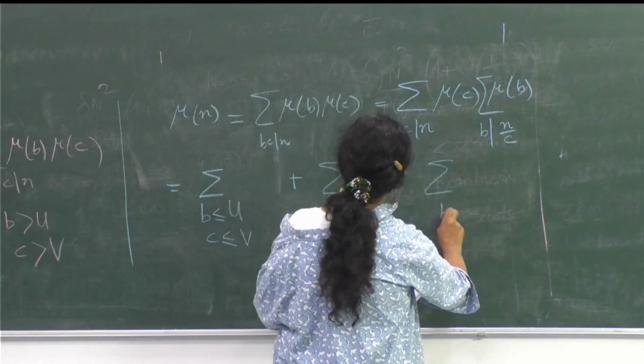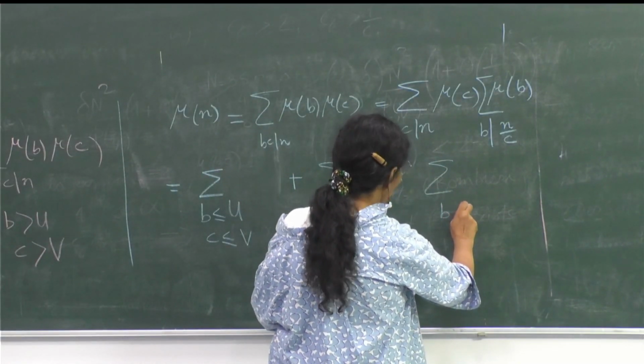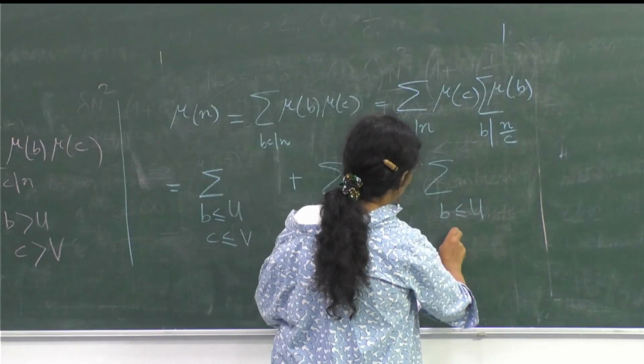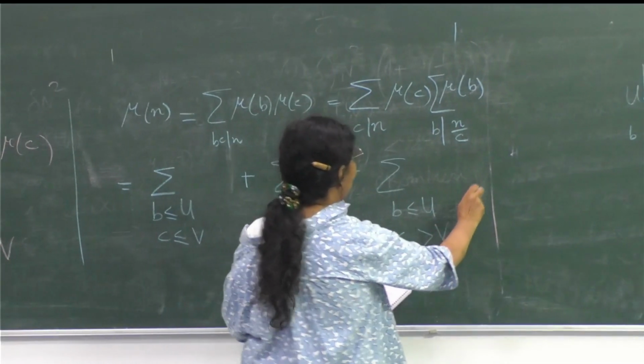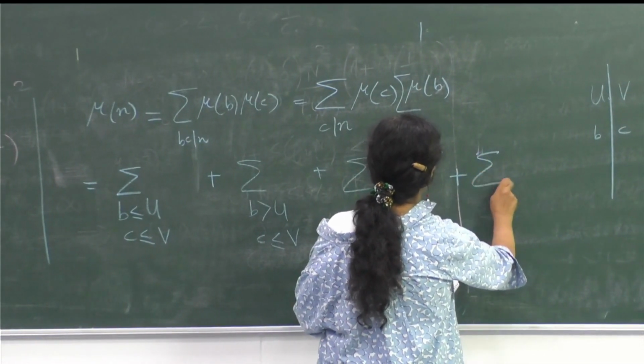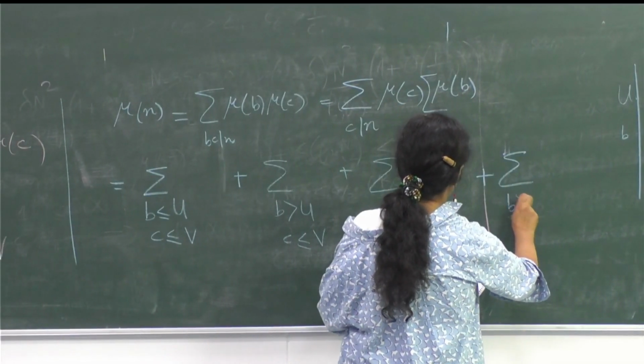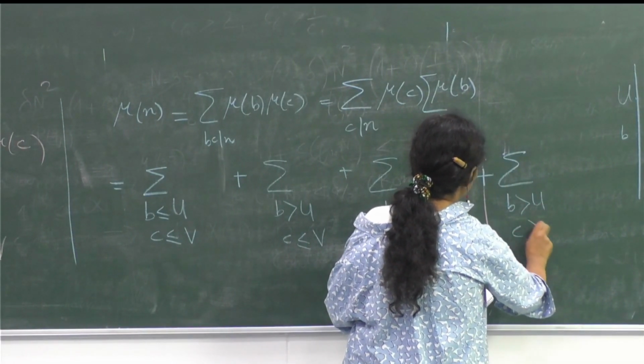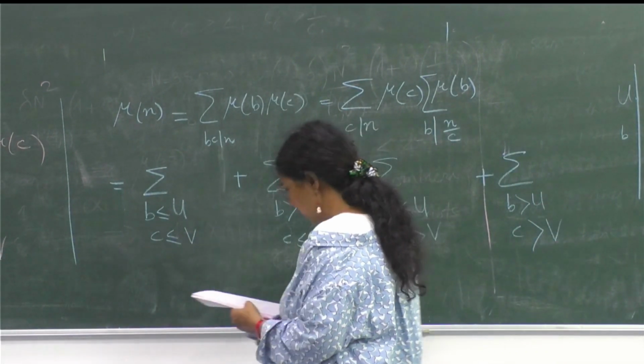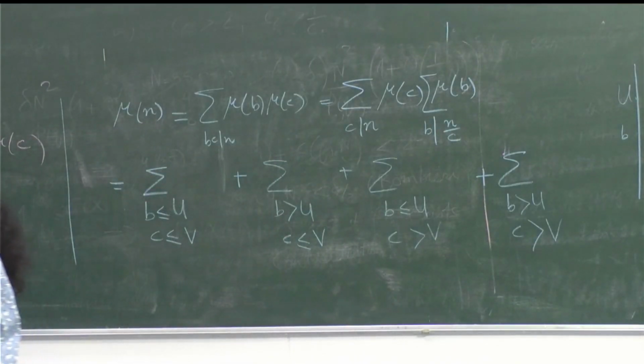B is less than or equal to U, C is greater than V, and then both B is larger than U and C is larger than V. And can we find some condition in this?